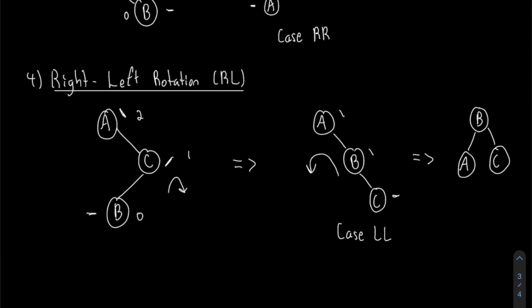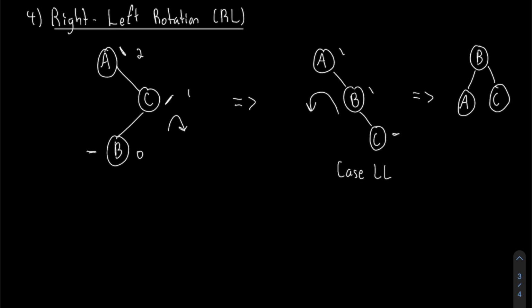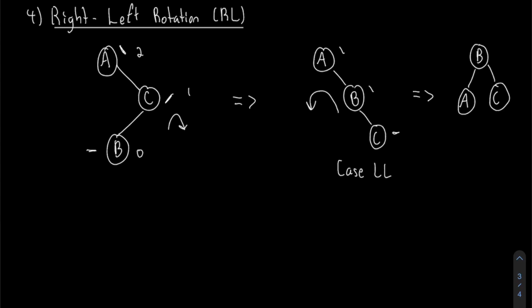And then RL, where you have a right rotation and then a left rotation, or right heavy, left heavy, and then you know that you just rotate to the right and then rotate to the left, and you get your final answer.